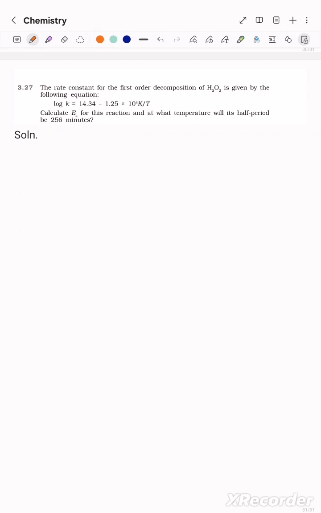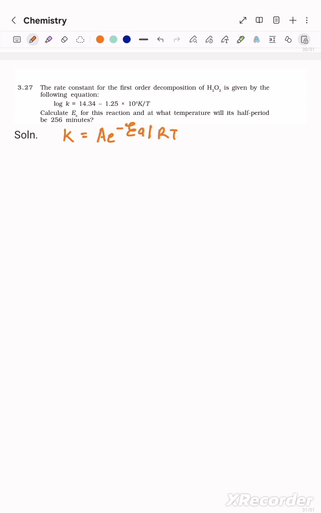First we correlate as in the previous question with the Arrhenius equation, because it is written in the form of the Arrhenius equation. So first we write the Arrhenius equation: k is equal to A e to the power minus Ea by RT.